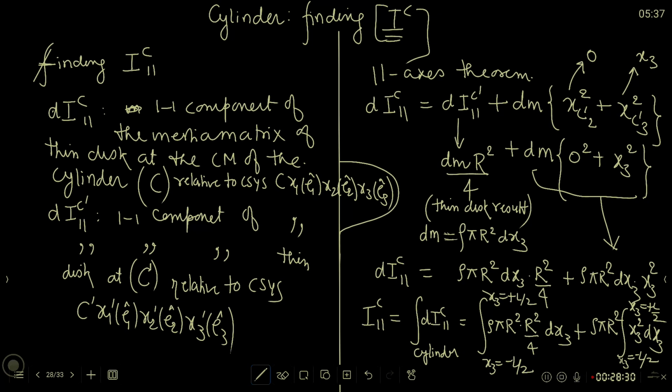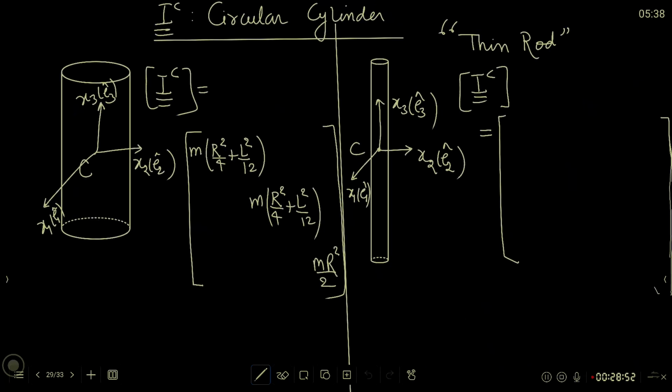So, rho pi r square dx3, r square by 4, pi r square x3 square dx3. Okay, this is a straightforward integration. When you complete this integration, we should be able to arrive at the following result.